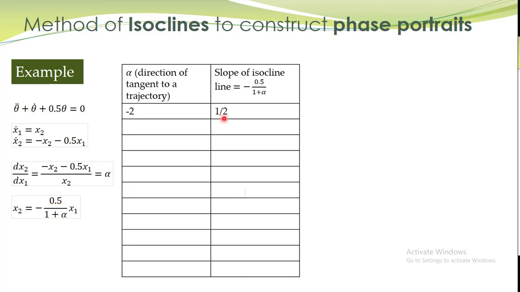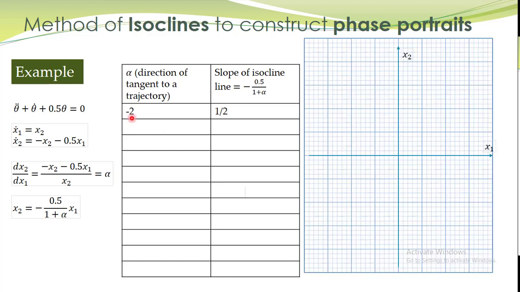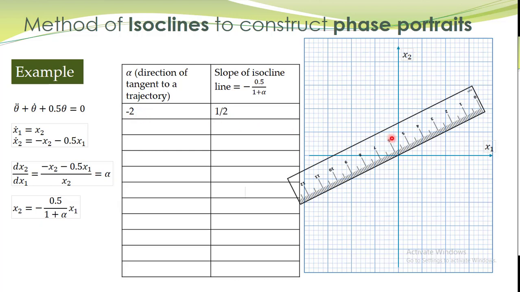I have written it in another form because I do not have a protractor with me. I want to draw it simply with a scale over here. So this is a phase plane. In this phase plane, I want to draw the isocline corresponding to alpha equal to -2. So simply this line with slope 1 by 2, how to draw it?